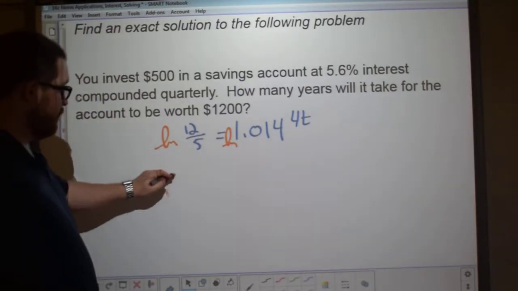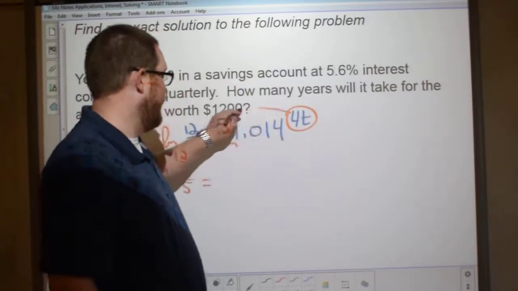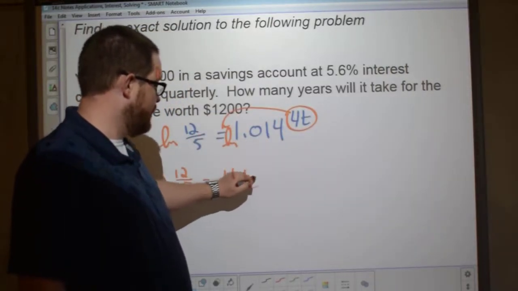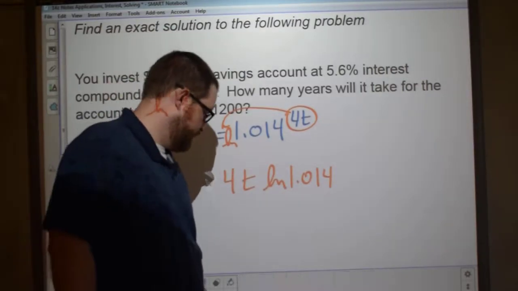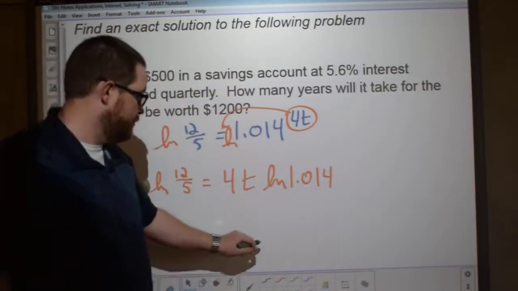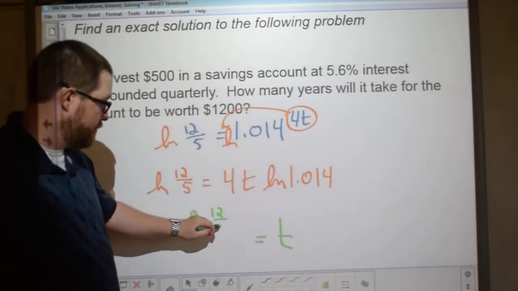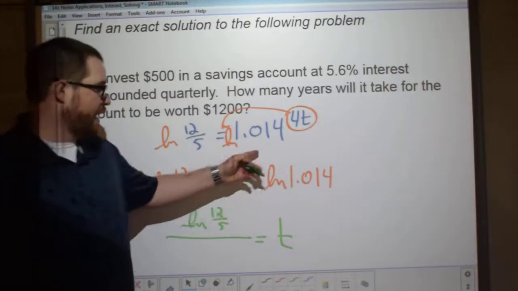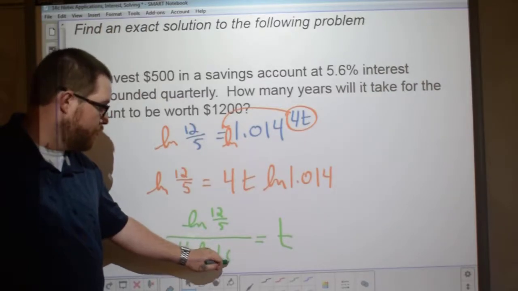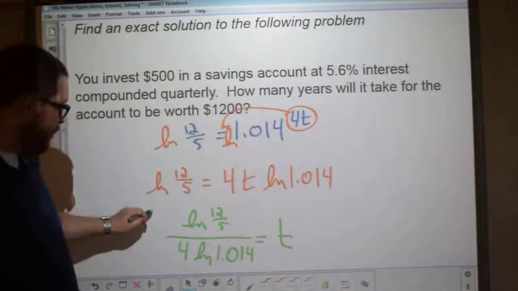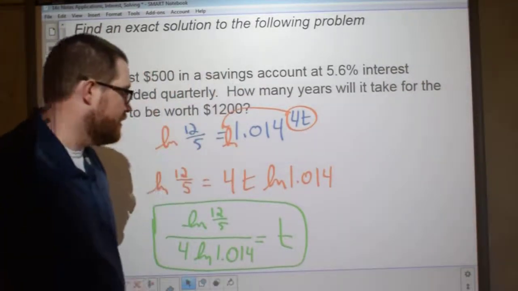So I've got natural log of 12 over 5 equals, remember, I have a power, I can move it in front, 4t natural log of 1.014. I want the t by itself. So on this side, I'm still going to have the natural log of 12 fifths, divided by, I've got to get rid of the 4 and the natural log of 1.014. That is the exact answer. The last answer was rounded. This is exact.